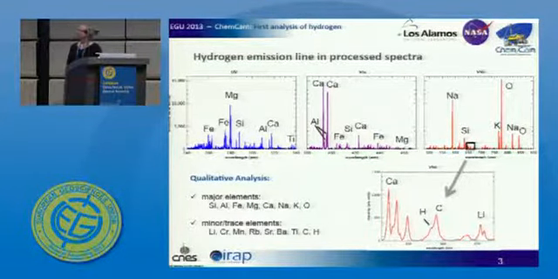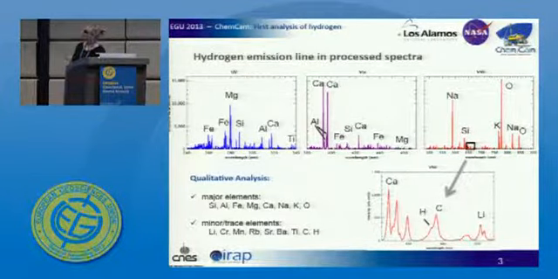We can also see some minor and trace elements, including carbon and hydrogen. Enlarged here are the hydrogen and the carbon peak, so they are overlapping. The carbon is in all of the spectra due to the carbon-dominated atmosphere on Mars. So the hydrogen is here on the edge.